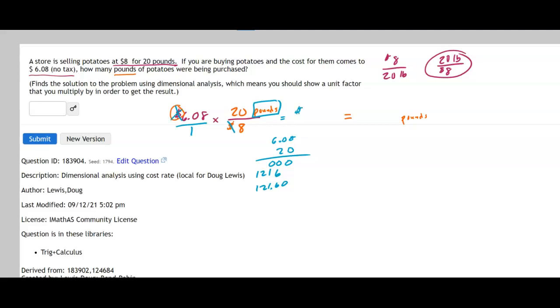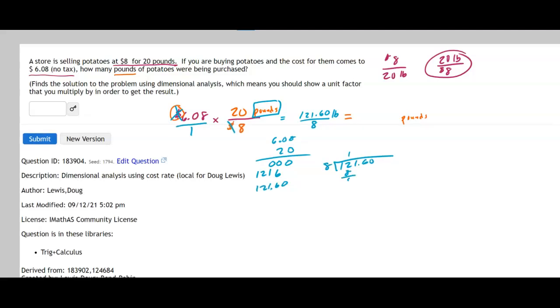The dollars are gone, so we have 121.60 over 8, which leaves pounds up here. Now we have to take the 121.60 and divide it by 8.